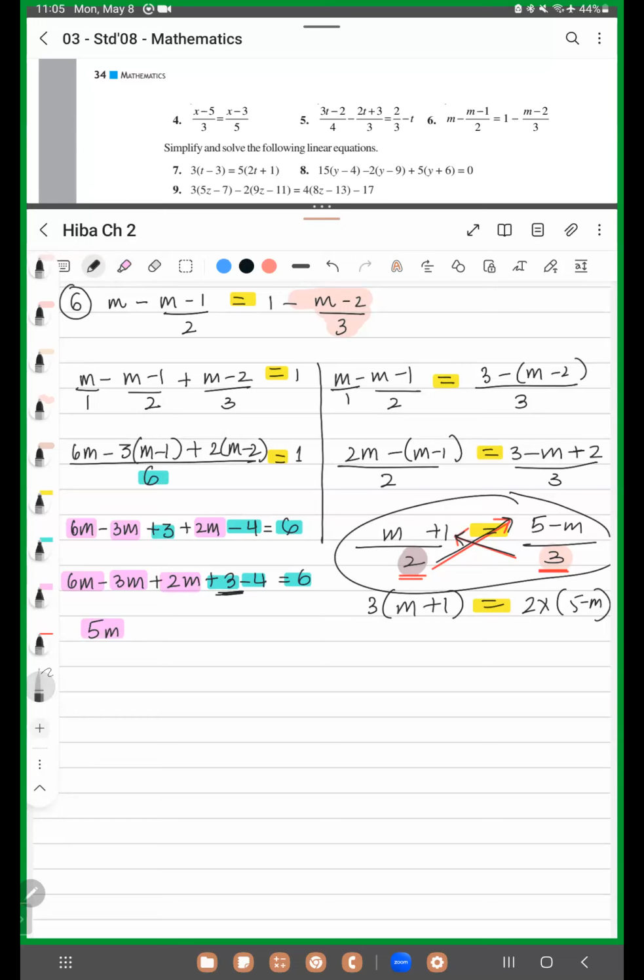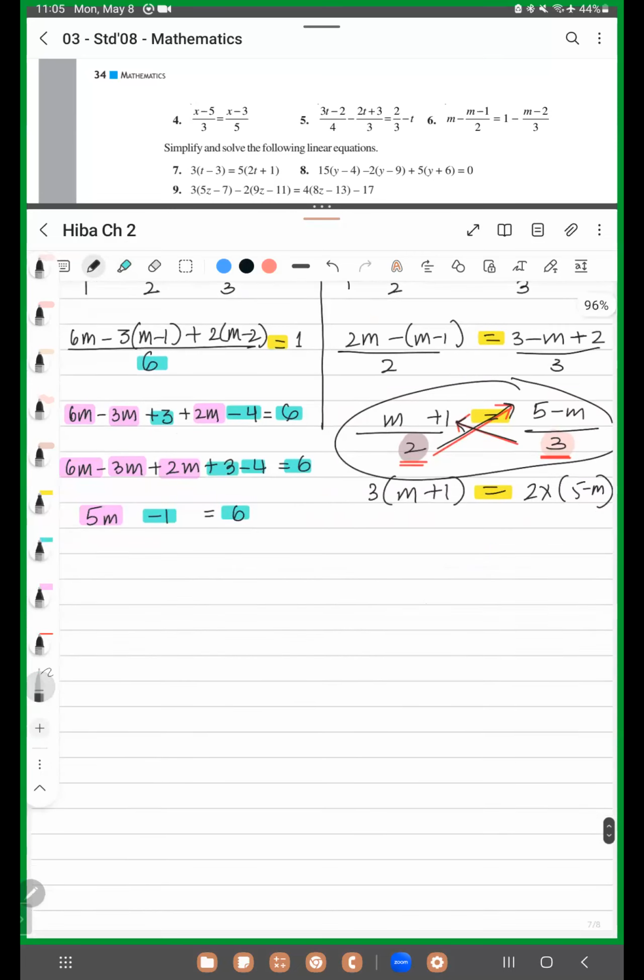Is it 3m or is it just 3? It is just 3. So what is 3 minus 4? It is -1. -1. ठीक है. Now tell me one thing. Are -1 and 6 like terms?